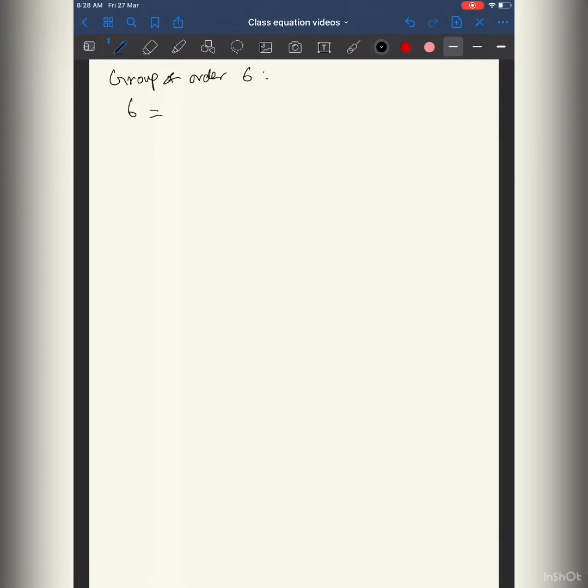For the group of order 6, 1 plus 1 plus 1 plus 1 plus 1 plus 1 is possible. And remember that whenever you get all ones, the group is abelian.